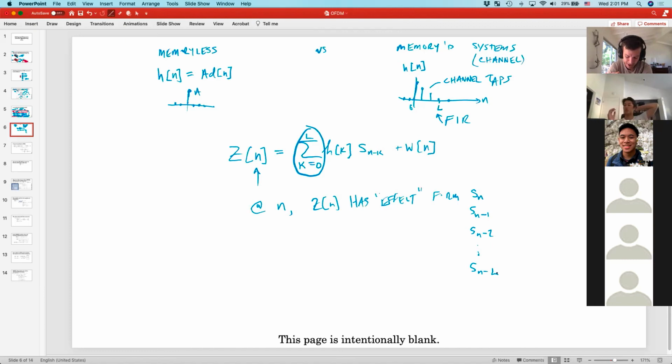And that means that past symbols are going to be corrupting your sampled measurement at each time. Okay, so this is another view on intersymbol interference. If it takes more than one symbol time for the data to get through the channel, then by that very statement, we are going to have intersymbol interference. More on that on Friday. Thanks, everyone.